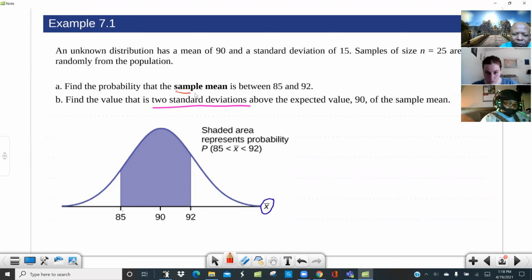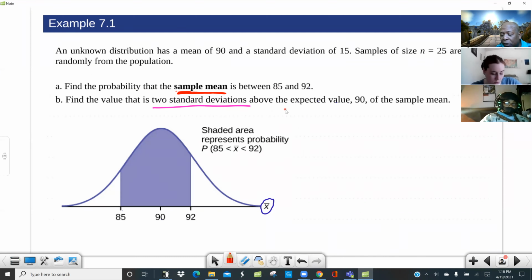Check this very carefully. They are saying you have a group of means. What is the probability that you can have a sample with a mean between 85 and 92? And then find the value that is 2 standard deviations above the expected value of 90 of the sample mean.